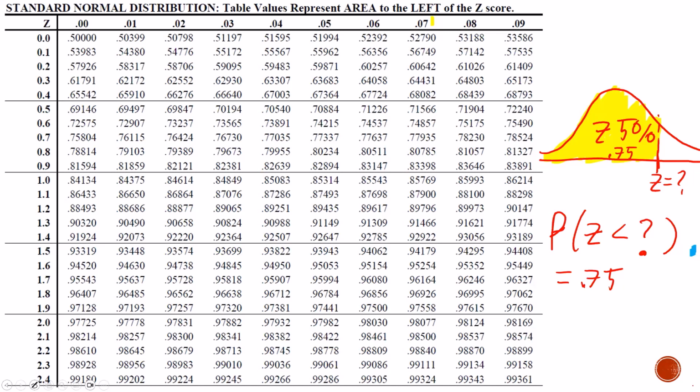So to do that, I want to find the number 0.75 in the body of the table, all right? Now, the fact that these numbers are ordered makes that easier, right? And since we're using it backwards, you won't typically find the exact value. But I see two values that are very close to 0.75.